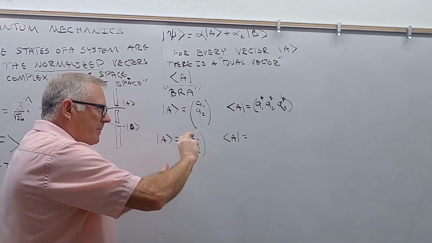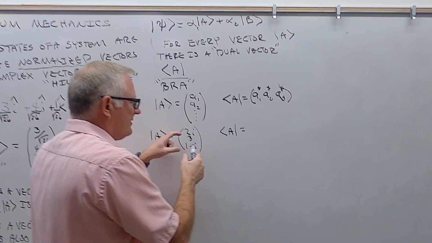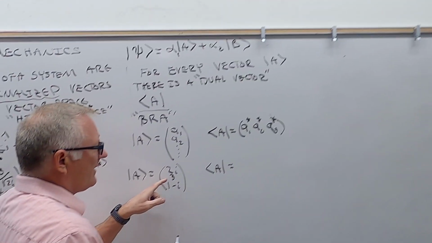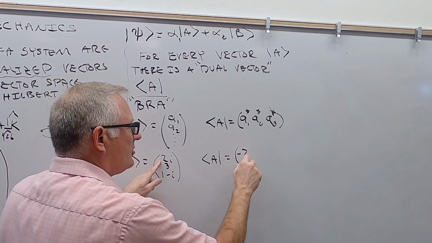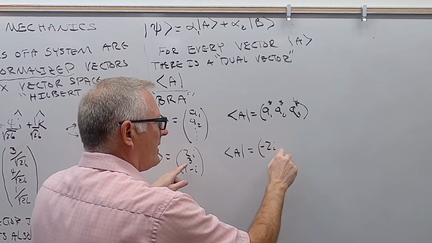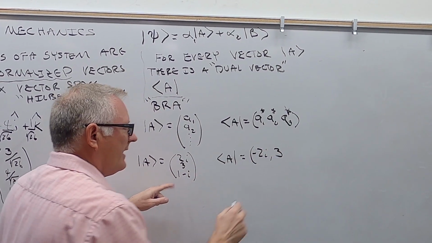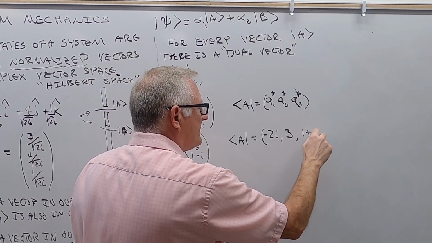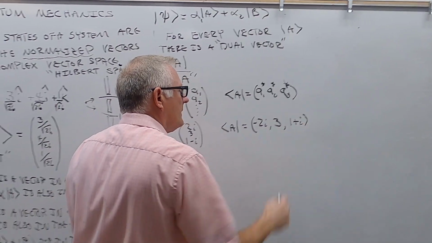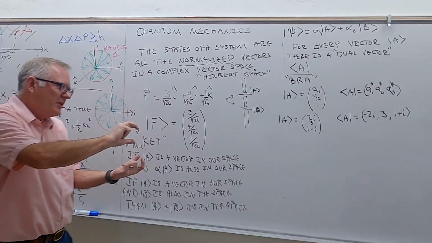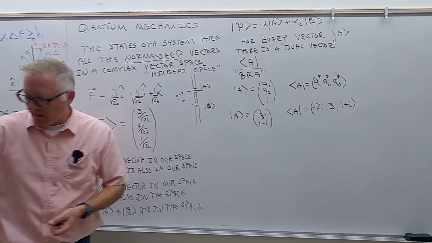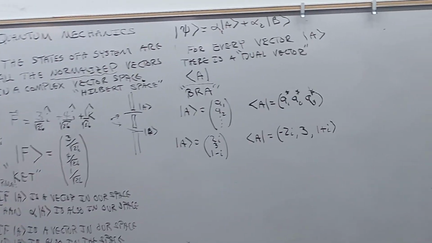Well, you flip it and you make the complex conjugate. So if you just flip it, it's 2i, 3, 1 minus i, but then we do the complex conjugate, so it'd be minus 2i. The complex conjugate of 3 is still 3, and this would be 1 plus i. So you just turn it into a row, take the complex conjugate of each one right here. Okay.